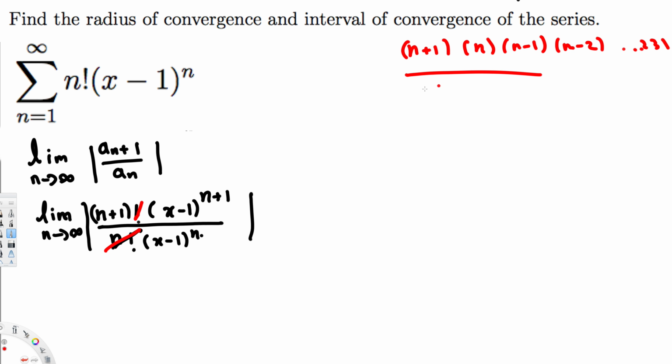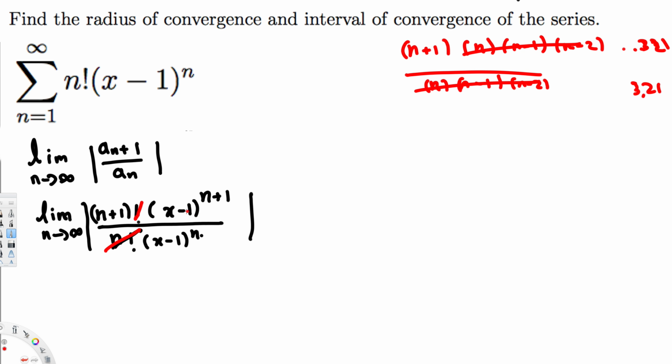And then in the denominator we have n factorial, that goes like n, n-1, n-2, until 3 times 2 times 1. Now if you notice, everything except n+1 is common to both the upper side and the lower side, so we can cancel that. That's how we got this.